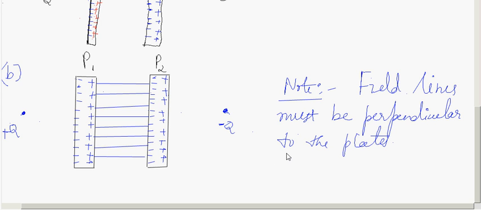And we know the field lines start from positive and end at negative charge. So a uniform electric field is set up between the plates.